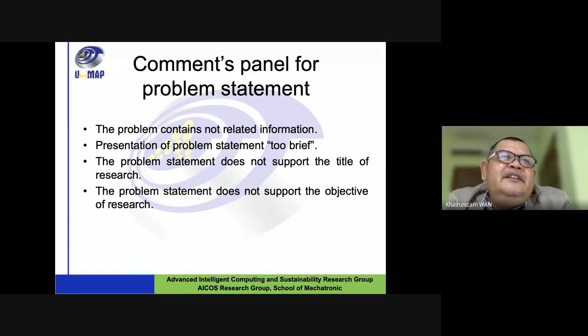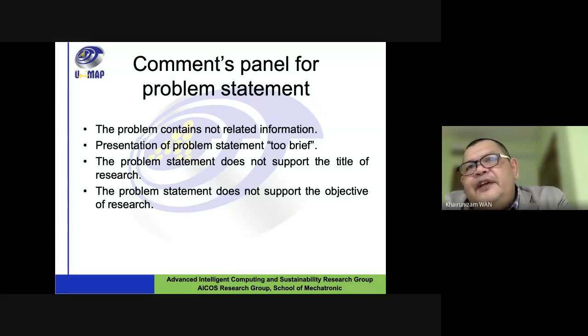This is a common mistake made by students: their problem statement is too brief, too short, not technical. Then, the problem statement does not support the title of the research.